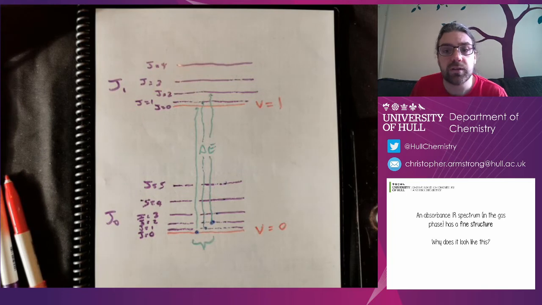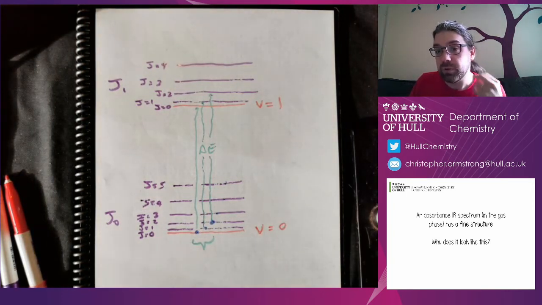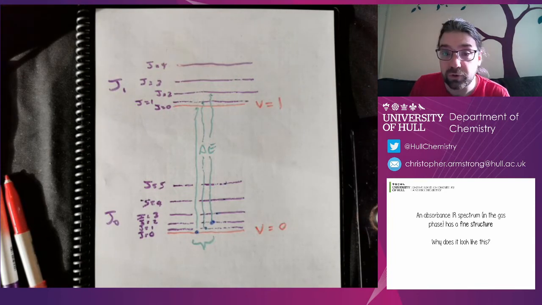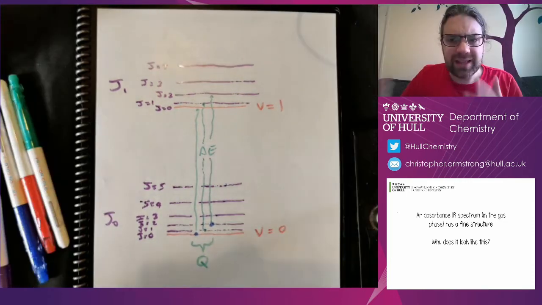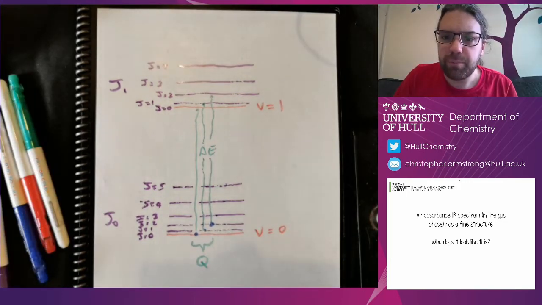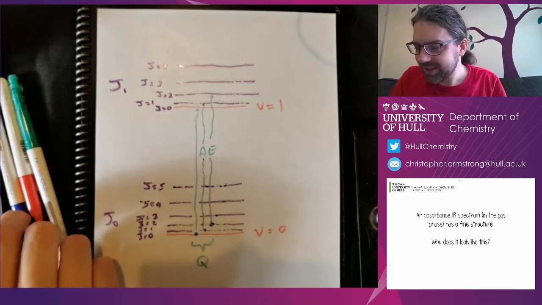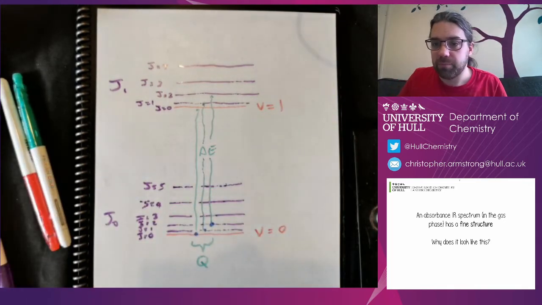So all of those transitions that go from the same rotational quantum number and land on the same rotational quantum number have the same transition energy, and they all build up to form the Q branch. So that's the Q branch, but there are other transitions that can actually happen at this point.